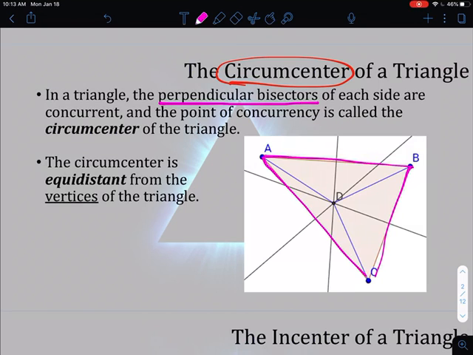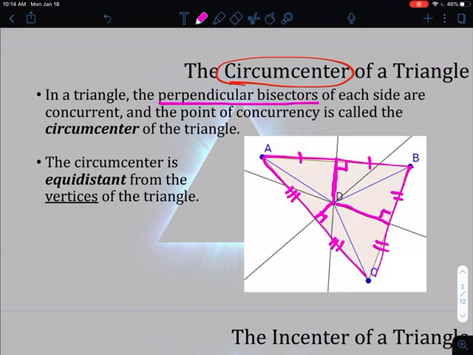The line from D out to this side is perpendicular to AB, and it cuts AB exactly in half. On the other side, the black line from D out to BC is a perpendicular bisector. It cuts BC directly in half. And the last piece, D out to side AC, is perpendicular, and it cuts side AC in half.